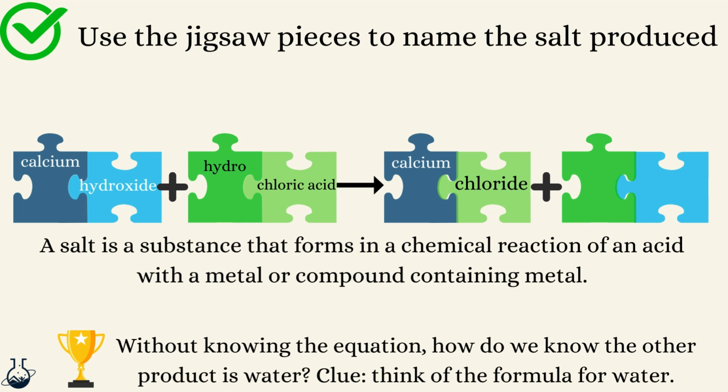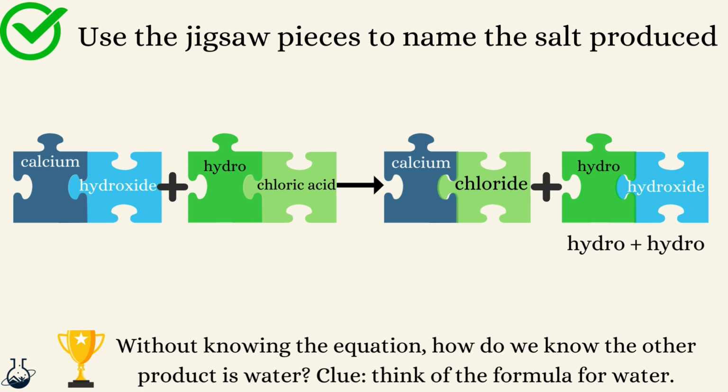Now we know the end product of this reaction will be water. But looking at the colours, the dark green word is hydro, and blue is hydroxide. And you're probably thinking, this doesn't look like water. Well, looking at the challenge, it says how do we know the end product is water? Think about the formula. Let's look at this more closely.